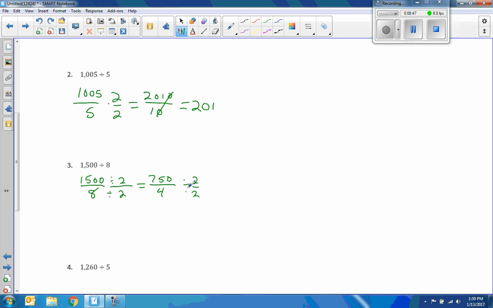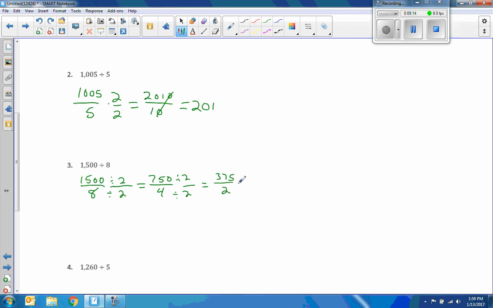So I can still divide that by 2 over 2. Okay, and I shouldn't write it like this because dividing by a fraction, we have a rule that says multiply by the reciprocal, and that would be times 2 over 2 and get us back to where we started. So I'm just going to write it like this, divided by 2 up here, divided by 2 down here, and that is going to give me half of 750, which is 375, and 4 divided by 2 is 2.